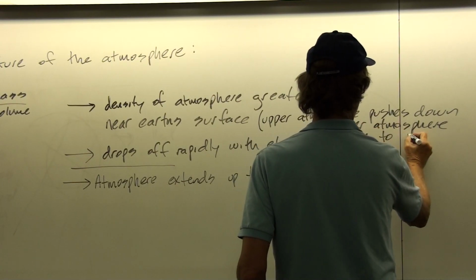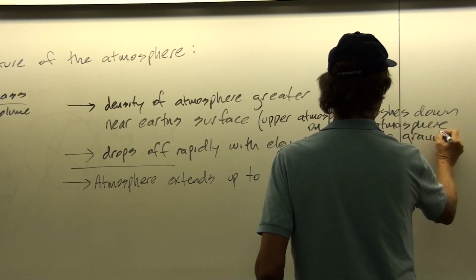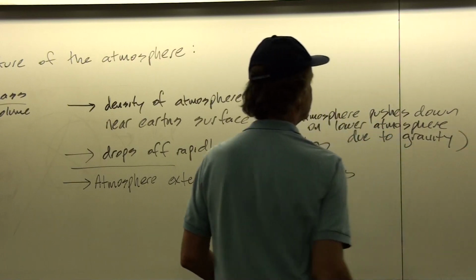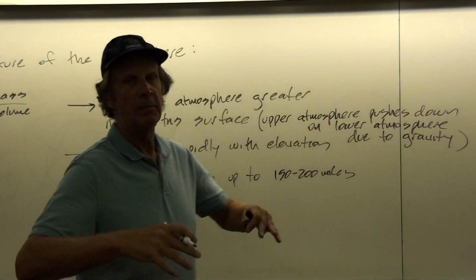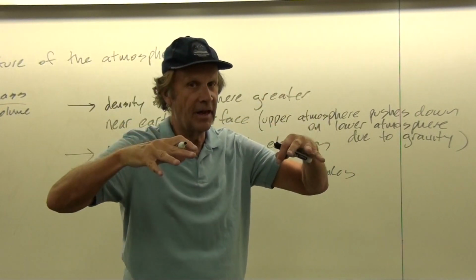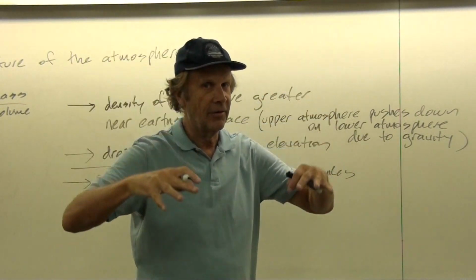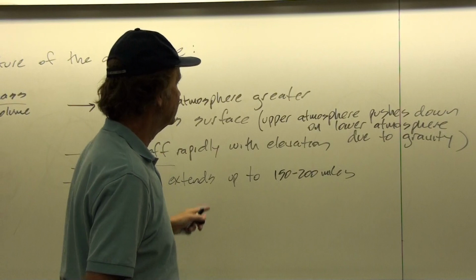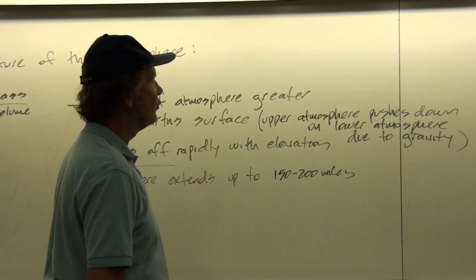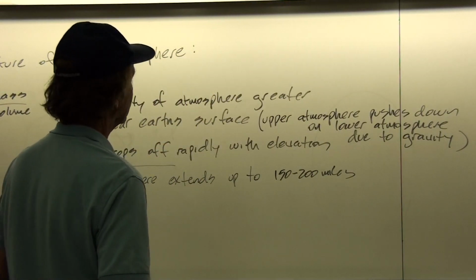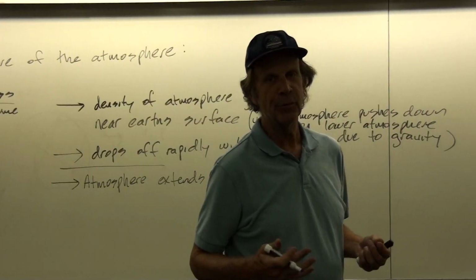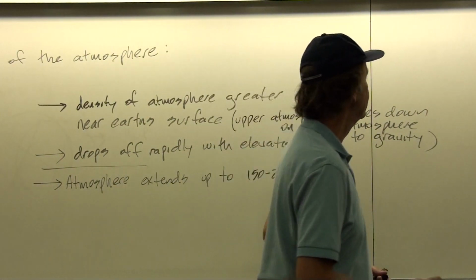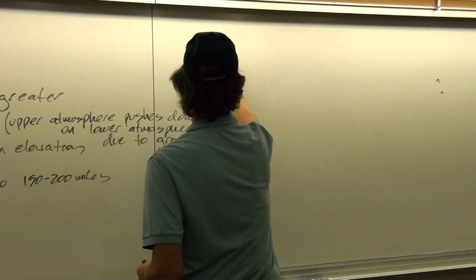This is due to gravity. So there's just more weight pushing down on the lower atmosphere because of the existence of the upper atmosphere's weight, and that adds to this kind of crunching effect. Now, I have to wave my arms a lot if I don't use the concept of pressure here. So let's also talk about pressure.